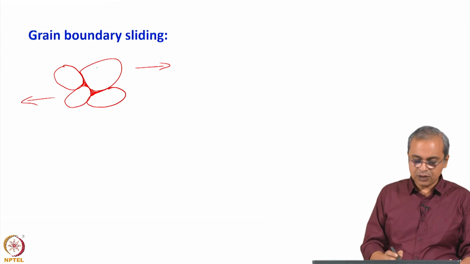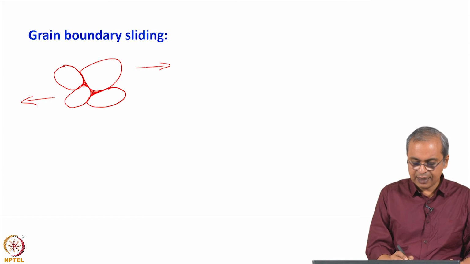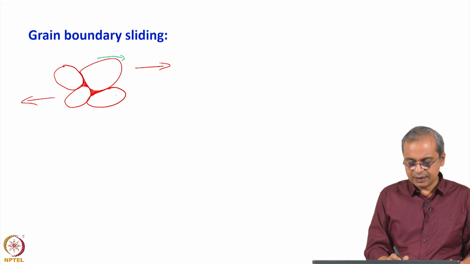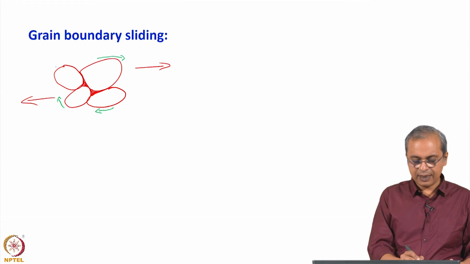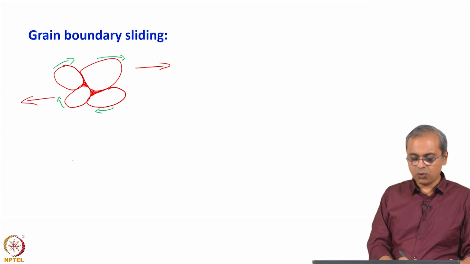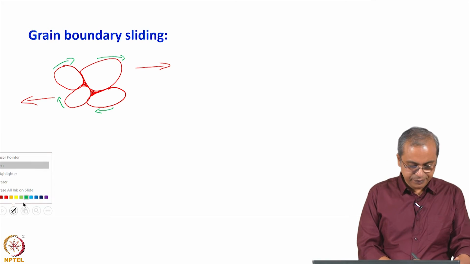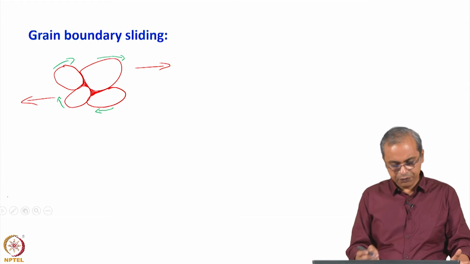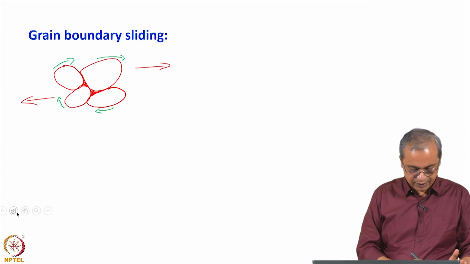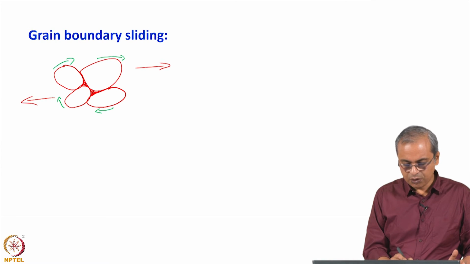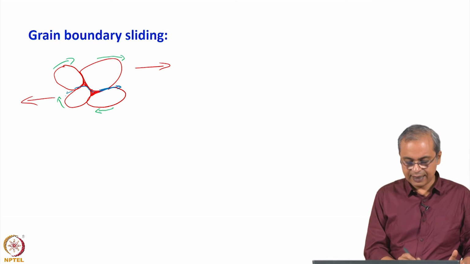We are now looking at a situation where, because of the way the stresses are, this grain is trying to twist that way, this grain is trying to twist this way, and so on. So you can have some kind of rotation, and you can also have some possibility that grains will slide past each other. This top grain is sliding in this direction at this interface, and these two grains are sliding in that direction.